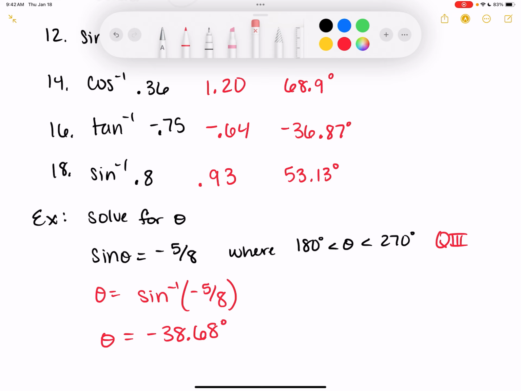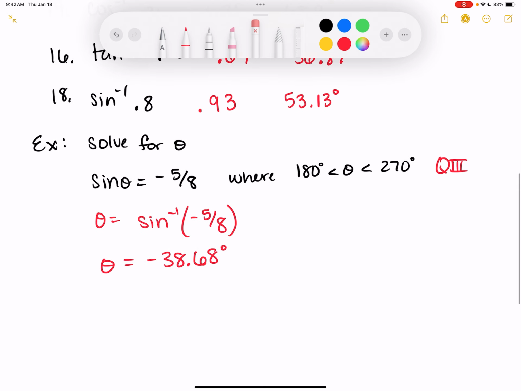Hold on a second. We need to find the equivalent angle before we use the negative, because we have to get that to not be a negative angle first. Basically, let me draw a little.